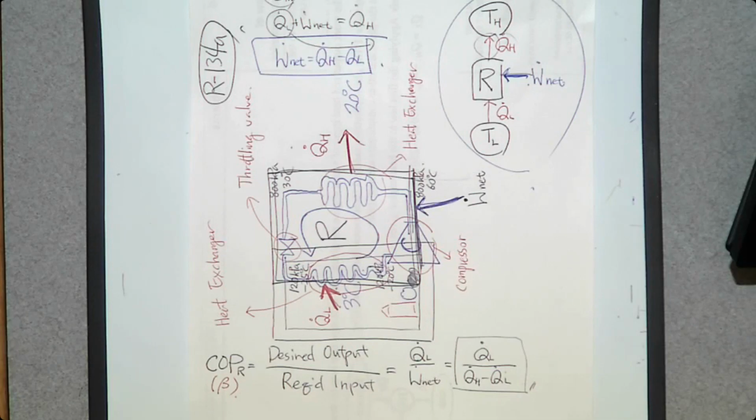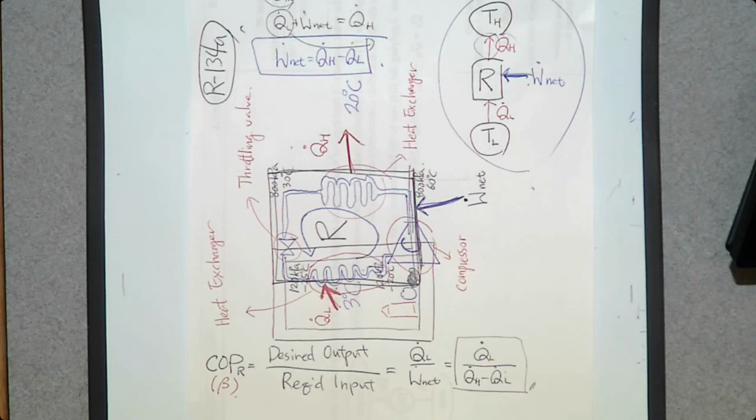So you have two thermal energy reservoirs. One is at low temperature, which is the inside, and the other one is at high temperature, which is the kitchen. By running this refrigerator, meaning by consuming power, we can transfer heat from low temperature to high temperature. That's what this cycle is about.